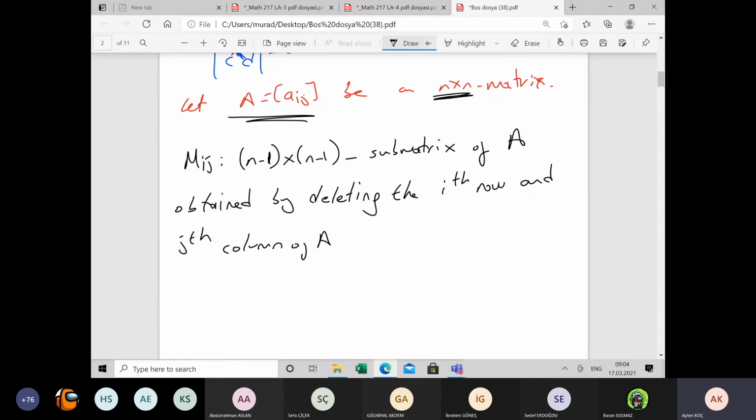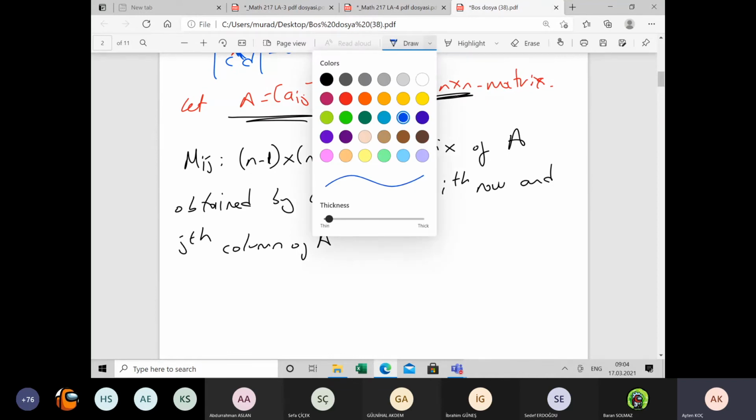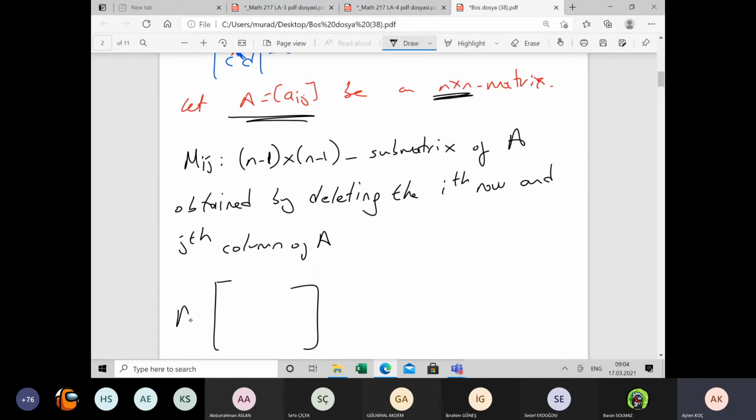For example, take our matrix A. Choose row i and column j.